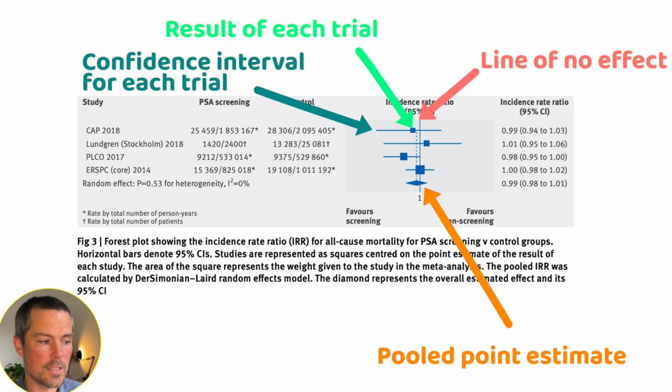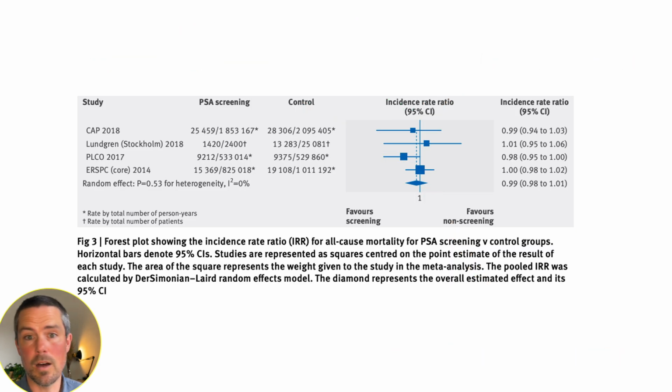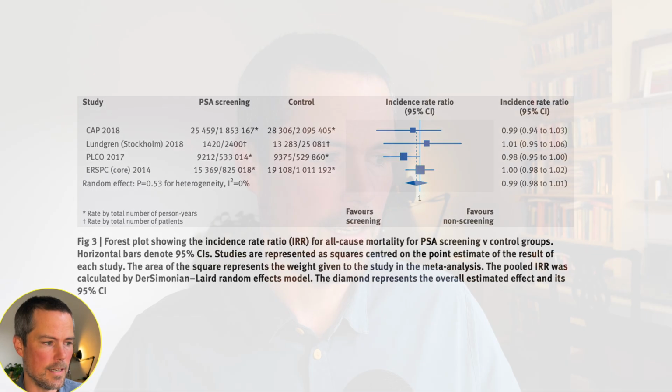And if this crosses the line of no effect, well, the outcome is not statistically significant. And then you wouldn't even go on to consider whether or not it is clinically significant. So in this case, from one systematic review from 2018, which is now 7 years old, prostate cancer screening did not improve all-cause mortality.